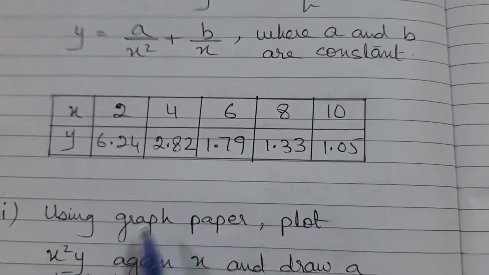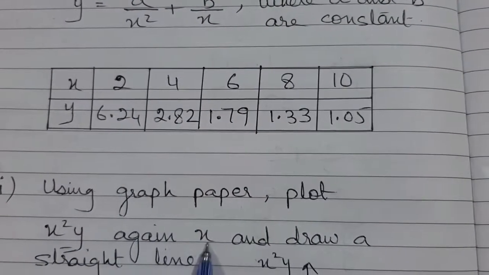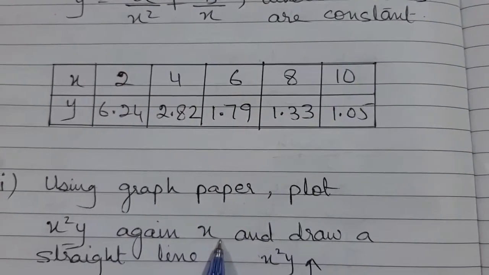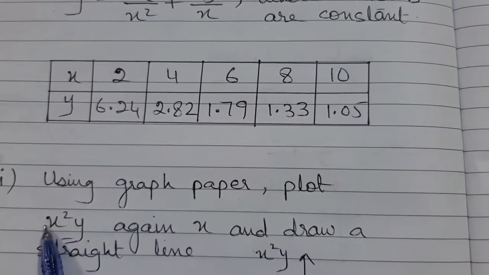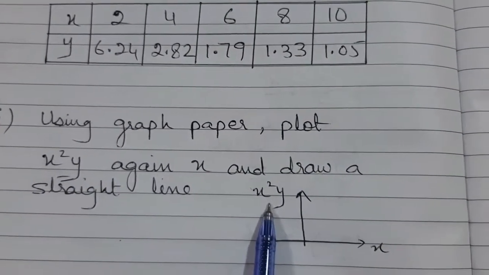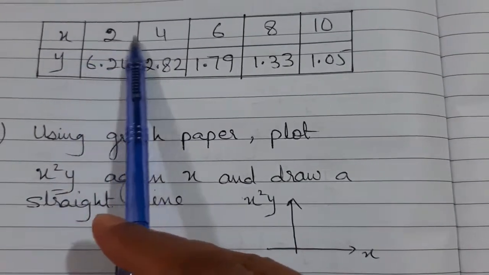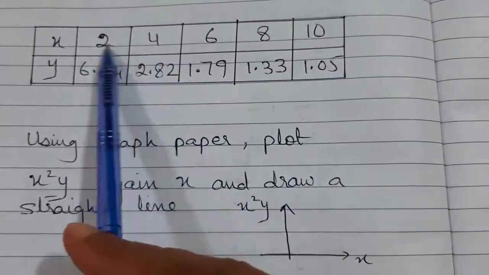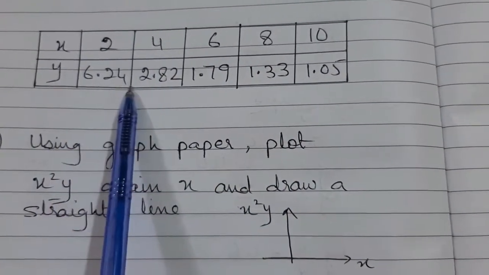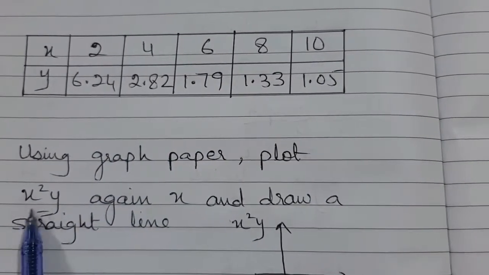The question is saying, using graph paper, plot x square y against x. So here a hint is given to you that your y-axis will be x square y, right, like this, and your x-axis will be x. So these values will remain the same because they are representing the x-axis, but here you need to calculate new values, which will be x square y.